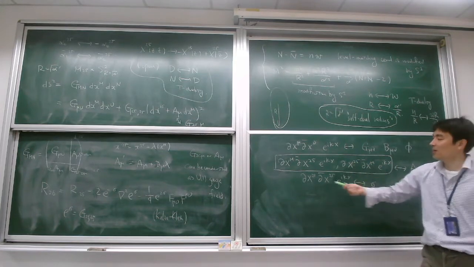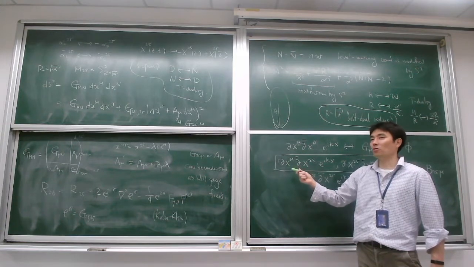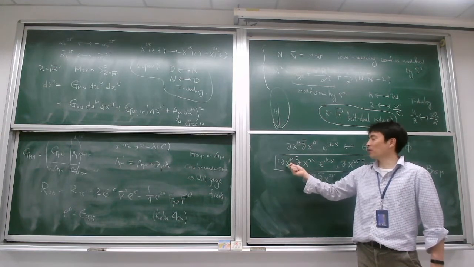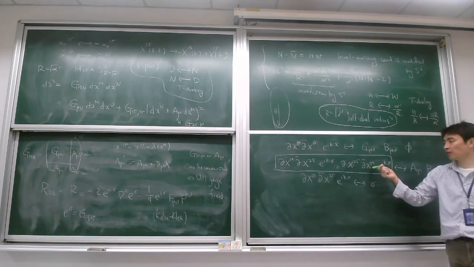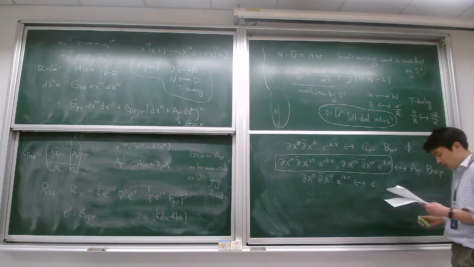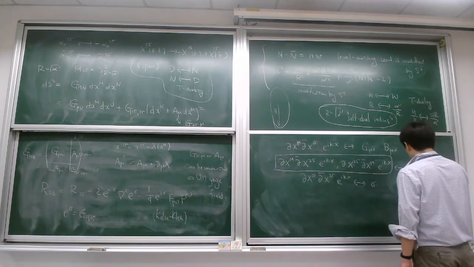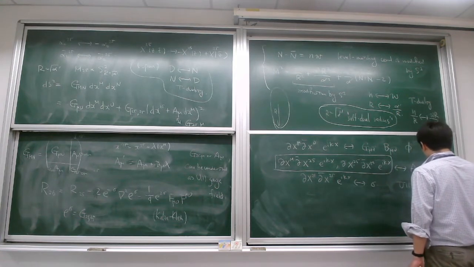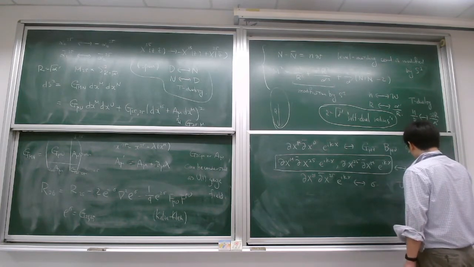This is left moving, or holomorphic. I don't know which one I call left and right, but the holomorphic sector will give you a U1 gauge field, and the anti-holomorphic sector will give you a U1 gauge field. So one gauge field comes from the metric and another gauge field comes from the B field. So the circle configuration will usually give you U1 left plus U1 right, holomorphic or anti-holomorphic, whichever, gauge field.